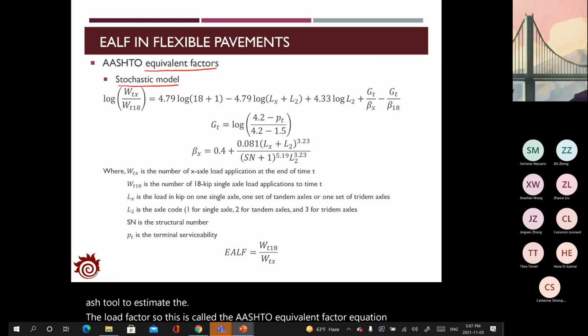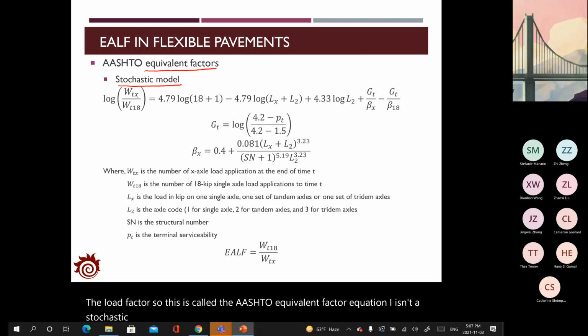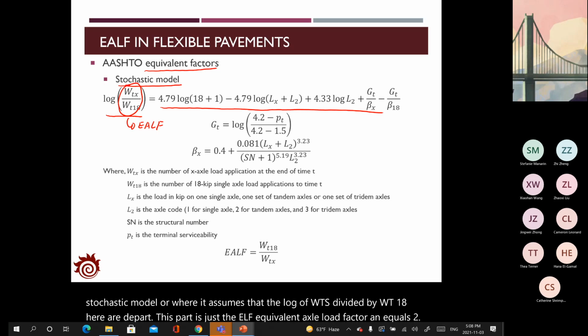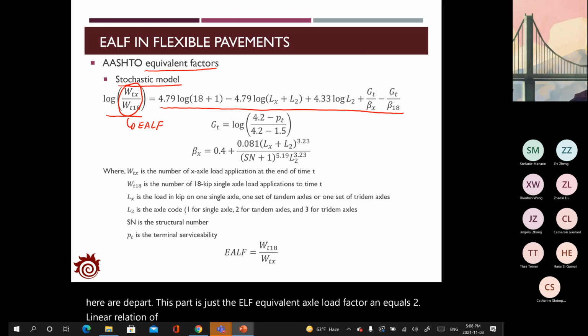It's a stochastic model where it assumes that the log of Wtx divided by Wt18 here, this part is just the EALF, the equivalent axle load factor, and it equals a linear relation of a set of variables. And also in this equation, you have the definitions of Gt and beta x.